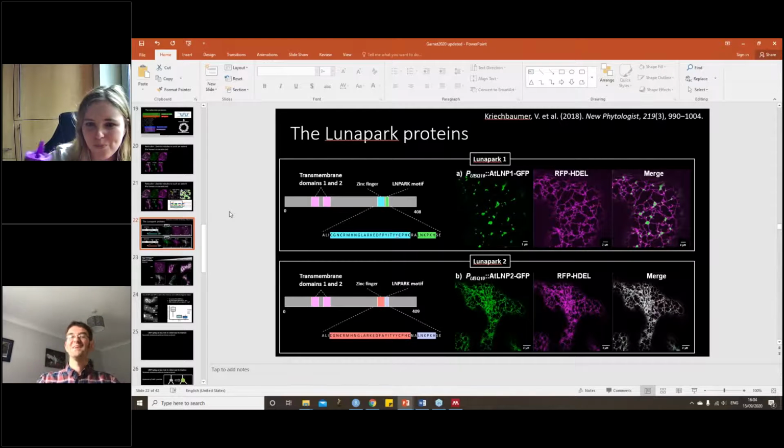Indeed. So a question about the phenotypes of the mutants you said you looked at. You saw some molecular phenotypes there, but do those plants have any growth phenotypes? Can you say anything about what the Lunarpark proteins are doing in plant growth? No, they seem to cope relatively well. There doesn't seem to be any extreme growth defects.